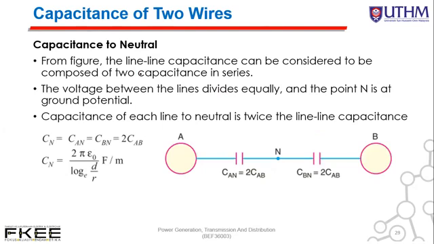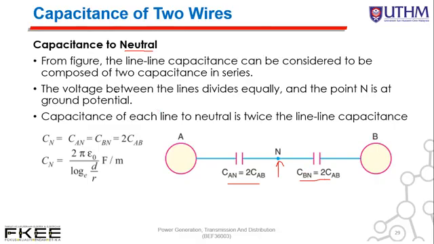In some cases, for the case of two wires, there is a conductor connected to the neutral point. This is the example of the two conductors A and B connected to the neutral point here. From the figure, the line to line capacitance can be considered to be composed of two capacitors in series. We have CAN between conductor A and neutral, and CBN, which is the capacitance between B and neutral.